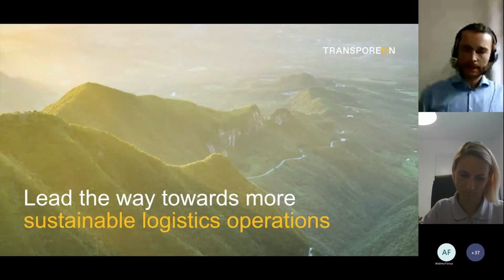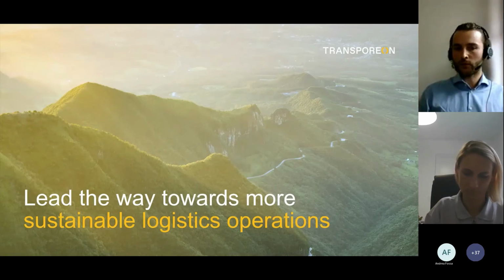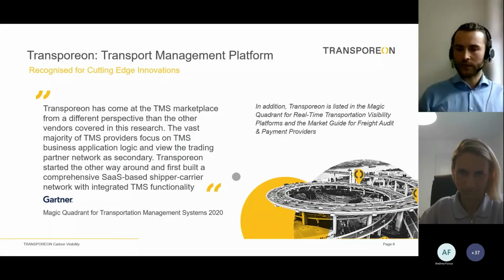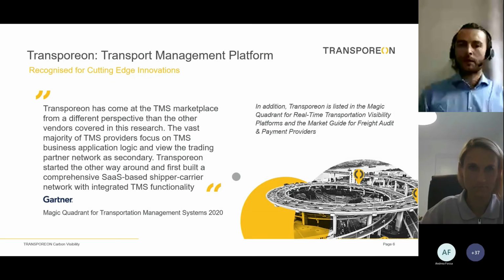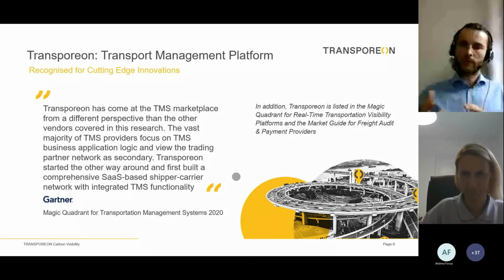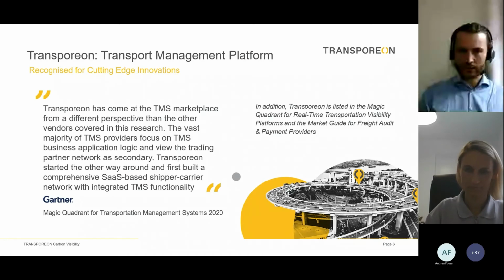So we have decided as a company, together to serve our customer base, to lead the way towards more sustainable logistics operations. And what is it that we actually do? We are not a classical TMS. We have actually developed our network the other way around. Gartner has very well defined our value proposition in one phrase.